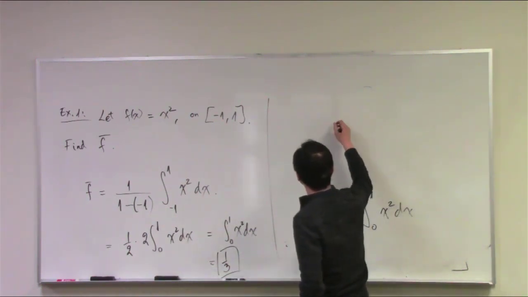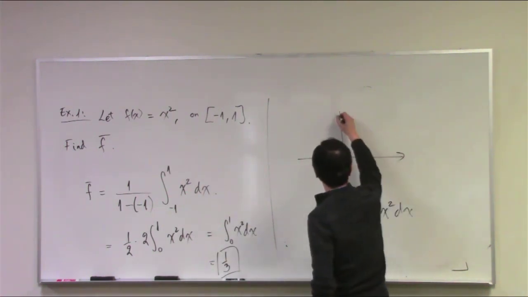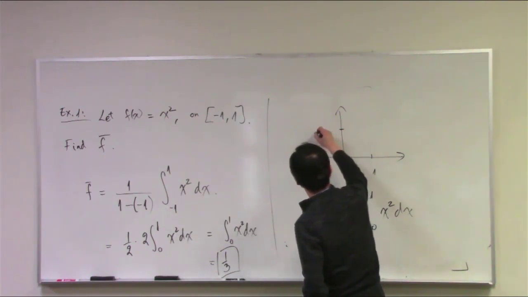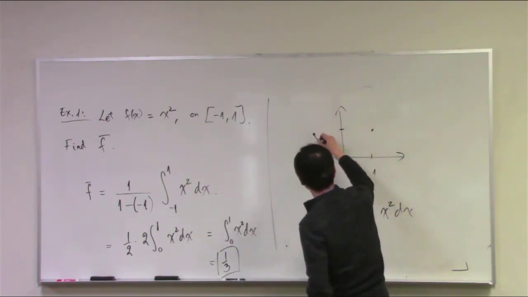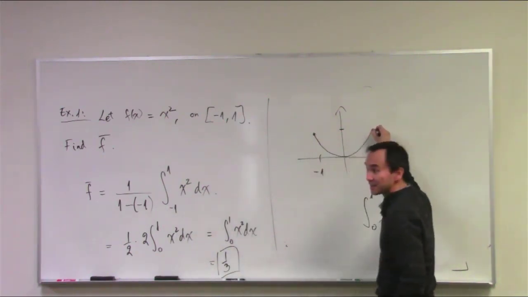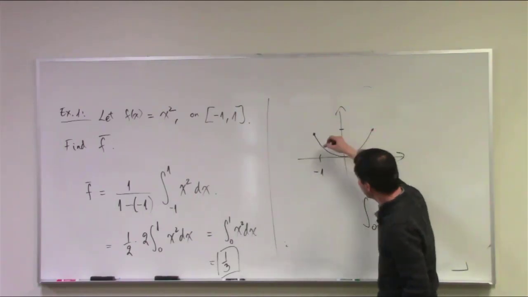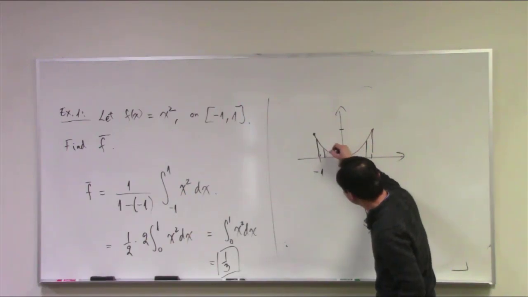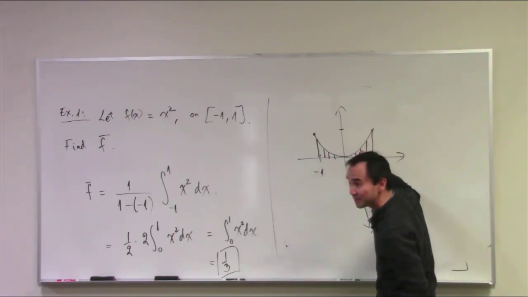Here's the picture. -1 to 1 here. You got your curve in that interval looking like that. See what I mean? So you got height all over. Some heights being 1, some height being lower than 1, right? You got all these heights and all these stripes being at different heights.